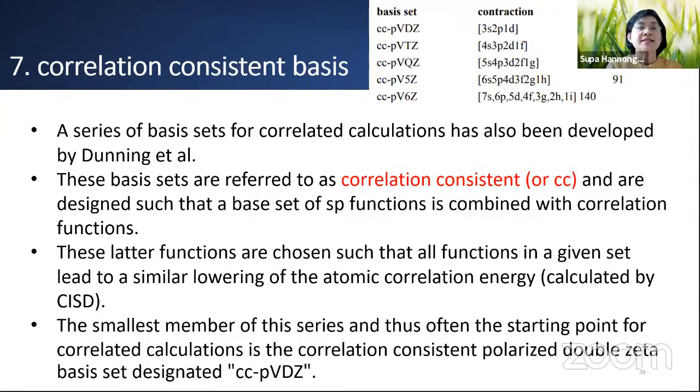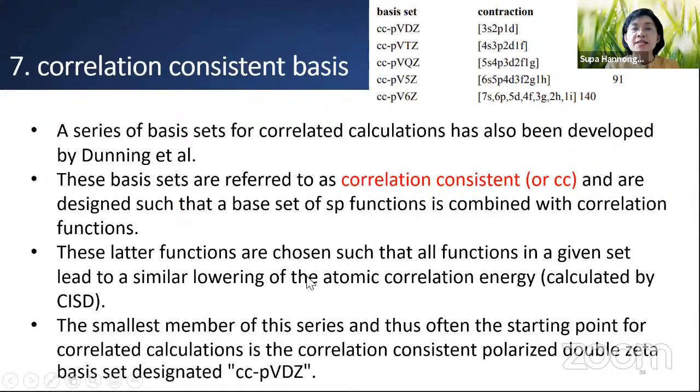It is the series of basis sets for correlation that were developed by Dunning. The basis sets are referred to as correlation consistent or cc, and are designed such that the basis set of sp functions is combined with correlation functions.